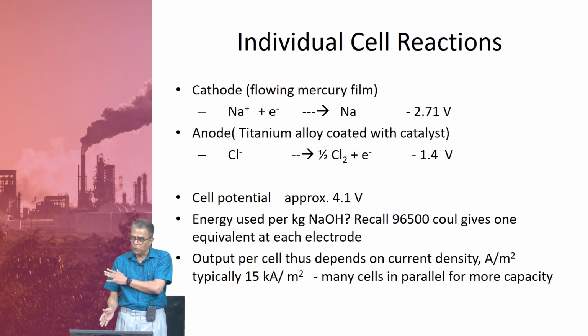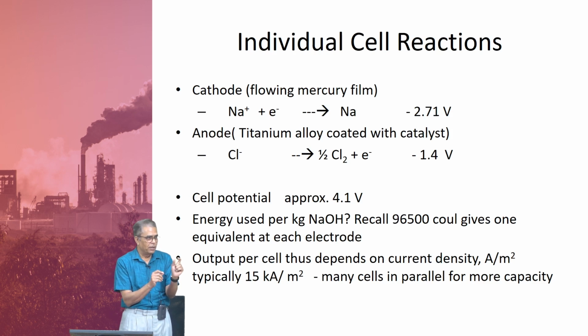So, if you know that, and if you know that the transfer will require a minimum of this voltage, you know the voltage, you know the charge that has to go through per equivalent, then voltage multiplied by the charge is the energy required for that equivalent. Now you have what is the energy consumed in this.